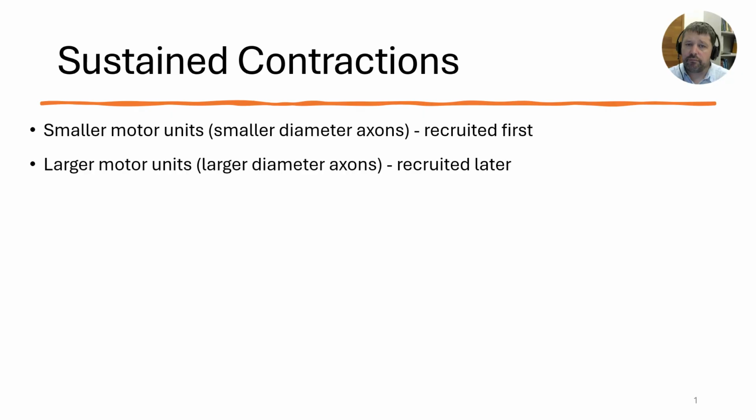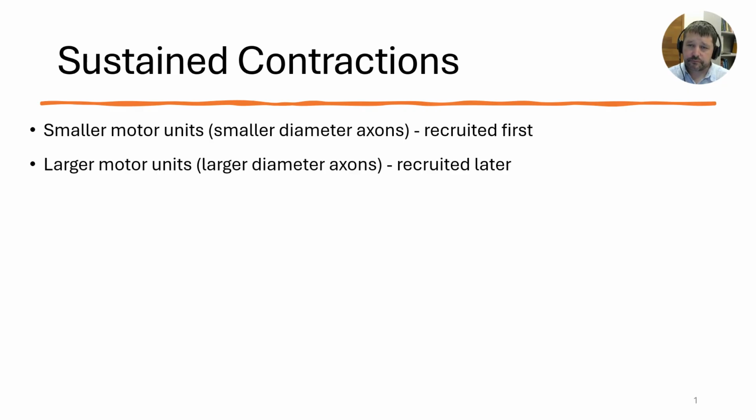The motor units can be what we call a small diameter axon or a large diameter axon. If it's a small diameter axon, it typically is recruited first. So this is the initial stimuli, and then afterwards we might have large motor units.